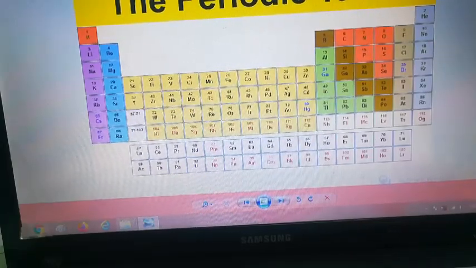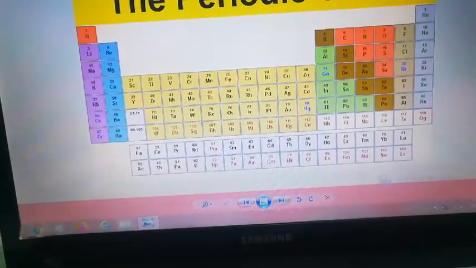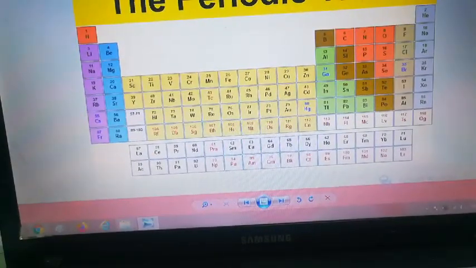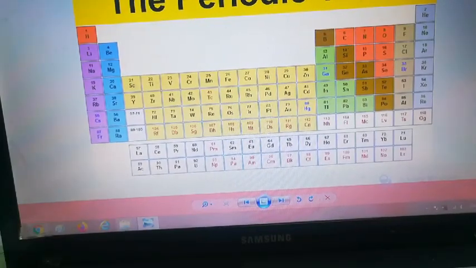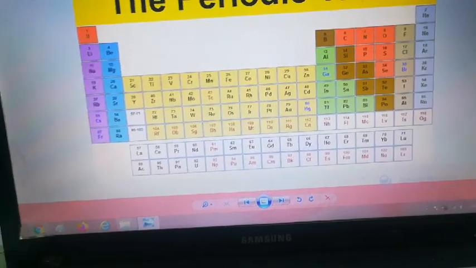That's why metals and non-metals do chemical reactions, because some want to gain and some want to lose. Which one wants to gain and which one wants to lose? We will know it now by summarizing them in a table.